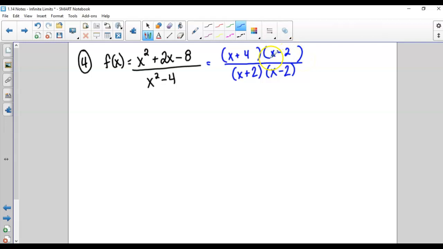And so here is a case where these will cancel. So at x equals 2, we have a hole in the graph, so we would only have a vertical asymptote at x equals negative 2.